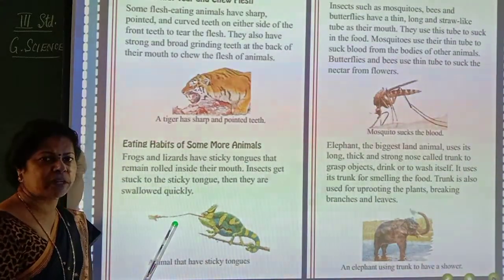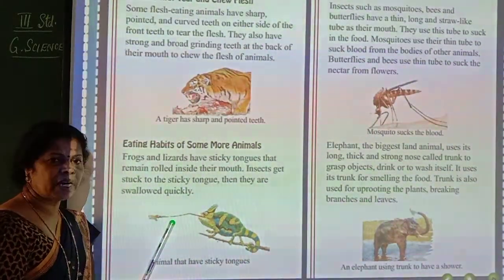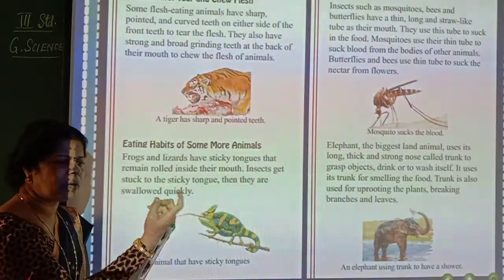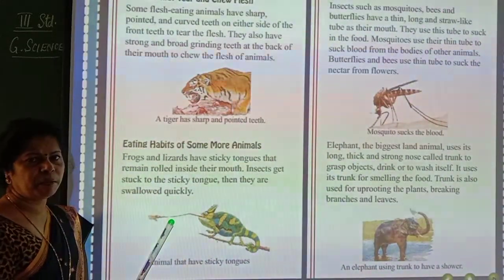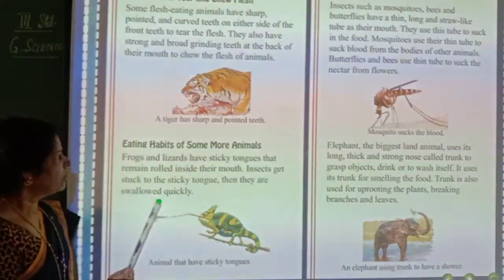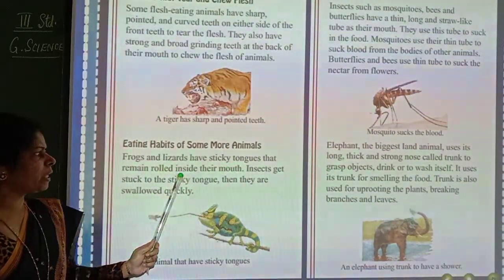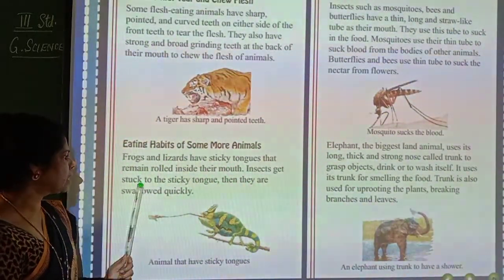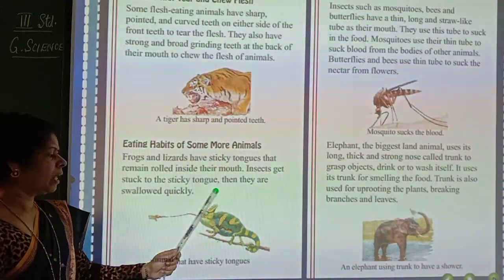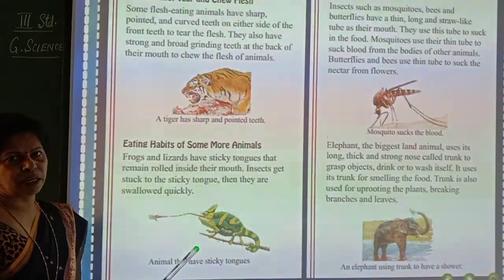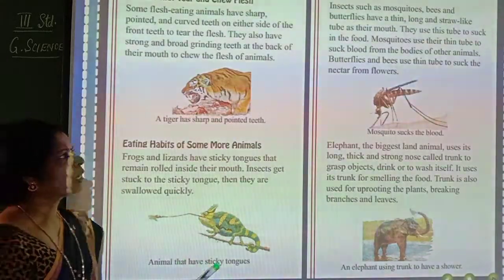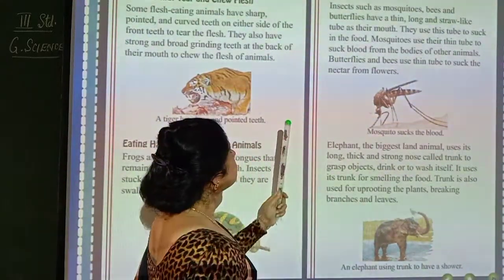The insect gets trapped on the tongue. Again it will roll and put it inside the mouth. Have you understood? So, frogs and lizards have sticky tongues that remain rolled inside their mouth. Insects get stuck to the sticky tongue. Then they are swallowed quickly. You understood?